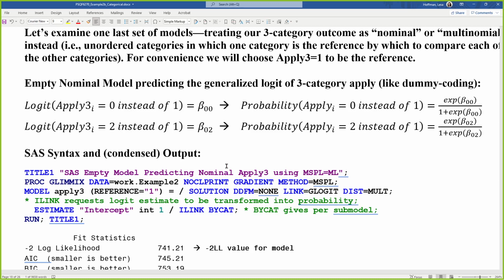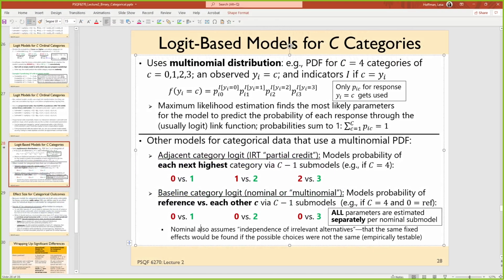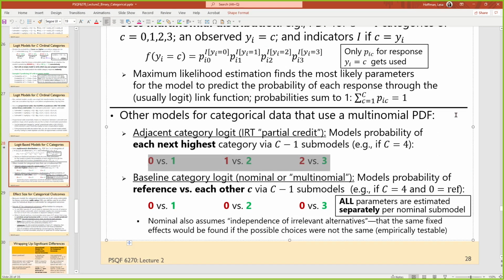Any other questions before we wrap up? Partial credit models, so it would be like predicting ability based on how many points you earned. Okay, so it'd be looking at the ability of someone who got a 3 out of 3 versus a 2 out of 3. Not necessarily.